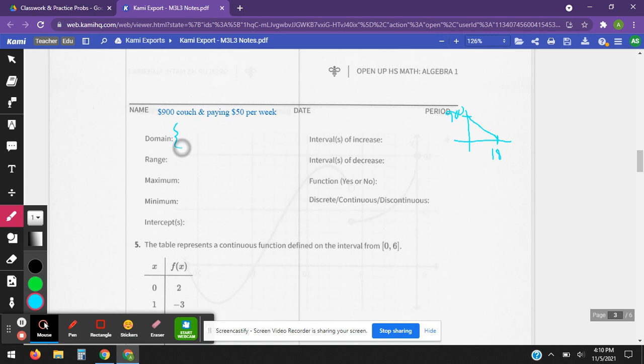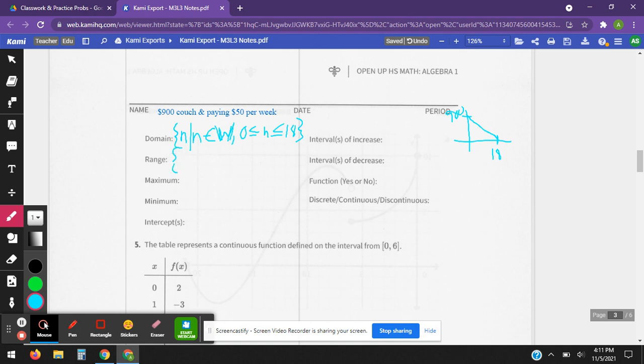So we have to use set notation for this one. We have a variable, and the variable has to be whole numbers, and they have to be between 0 and 18. So we have a couple of criteria for our domain on this one.